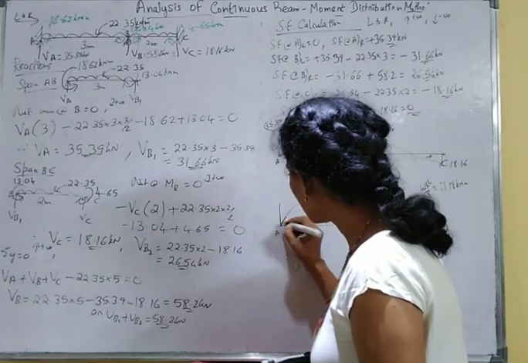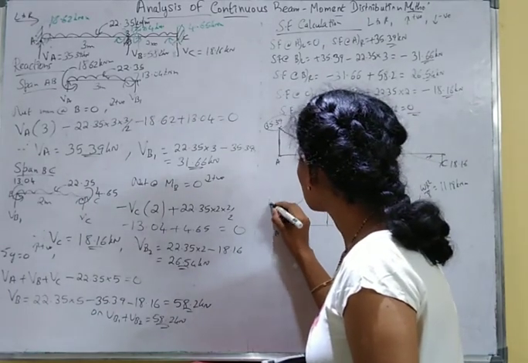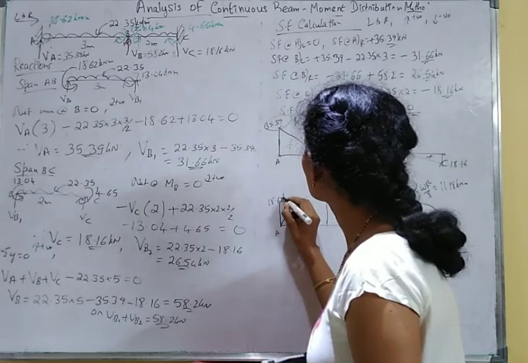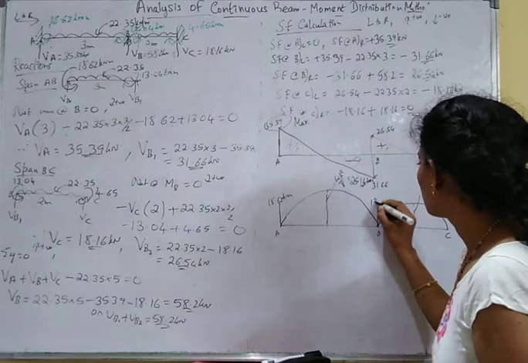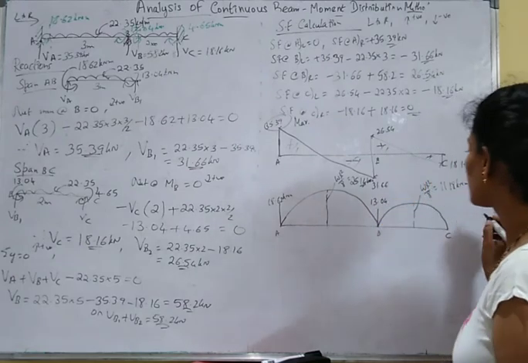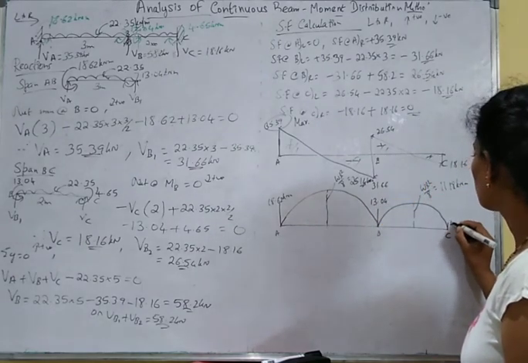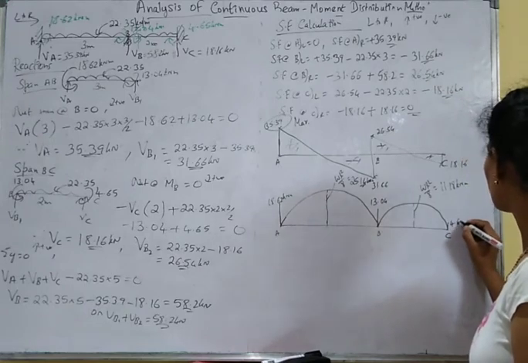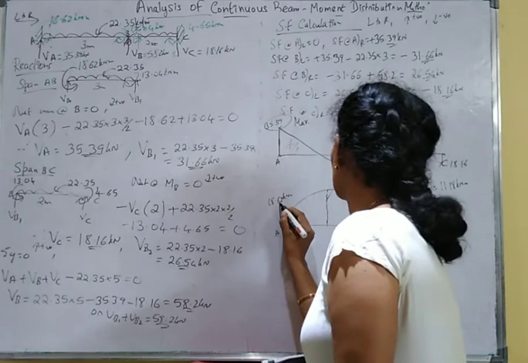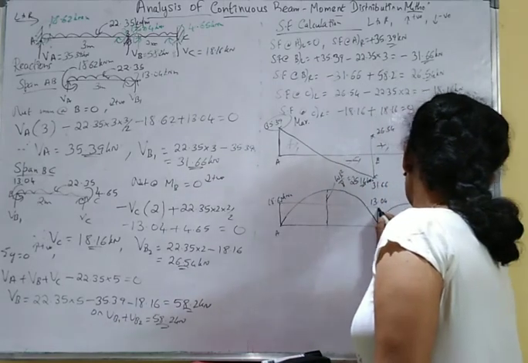Just mark it as minus 18.62. And here you have 13.04. Then here you have 4.65. Okay.